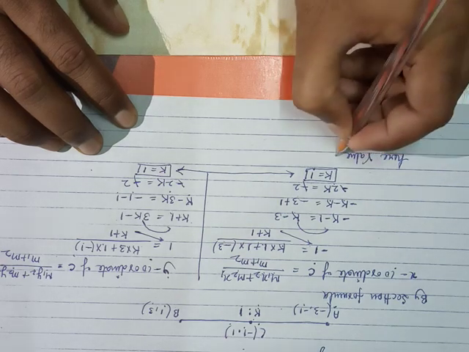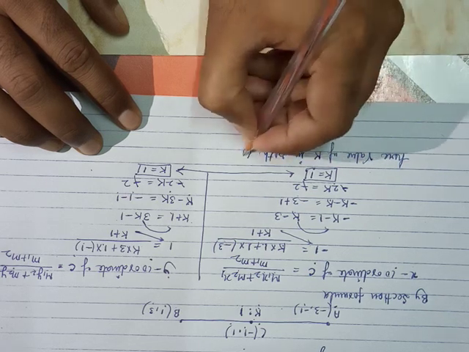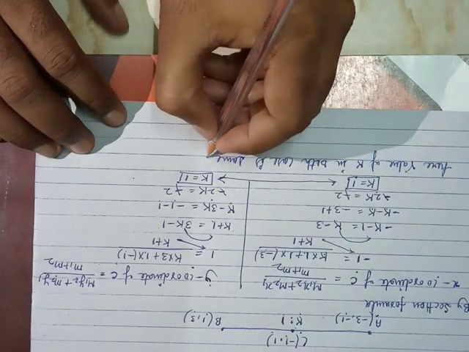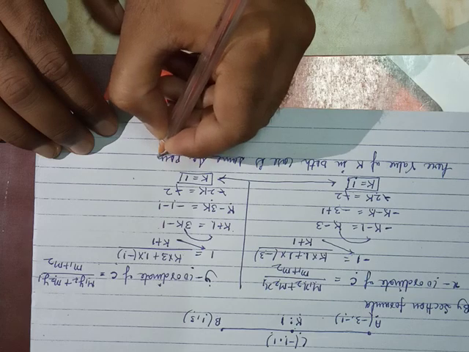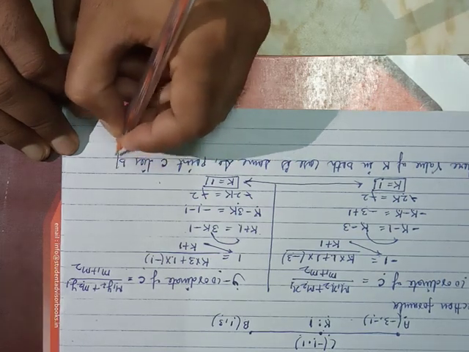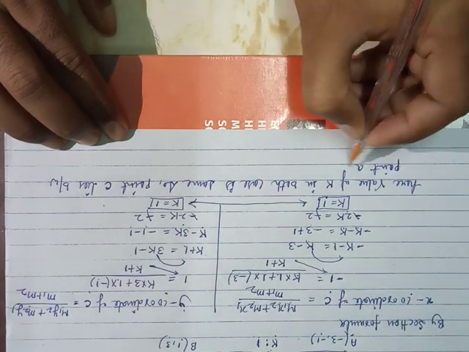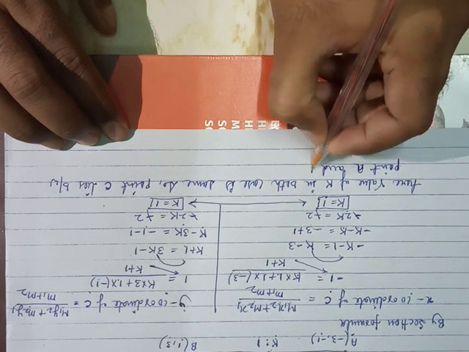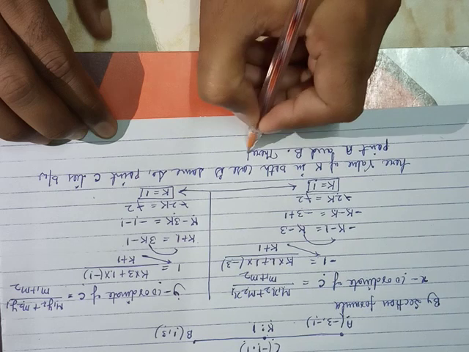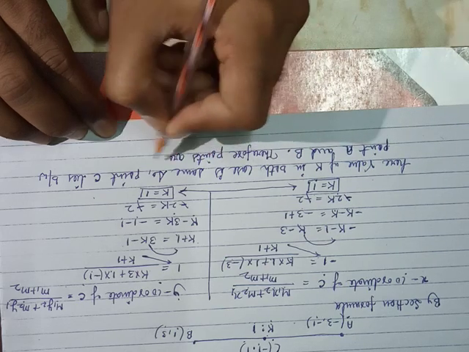Here the value of k in both cases is the same, so point C lies between points A and B. Therefore the points are collinear.